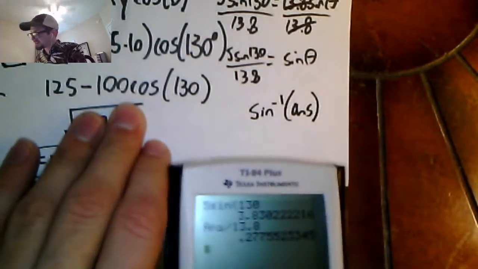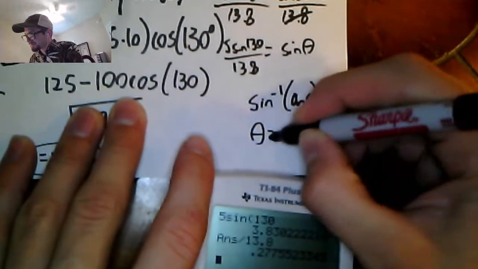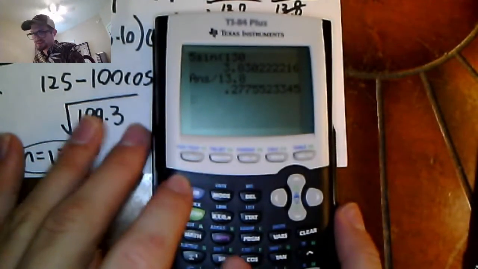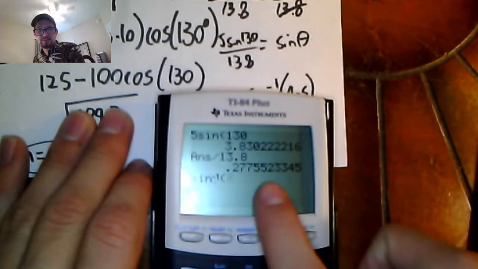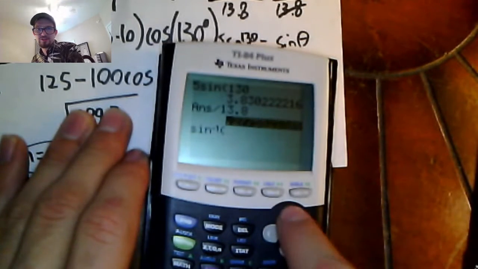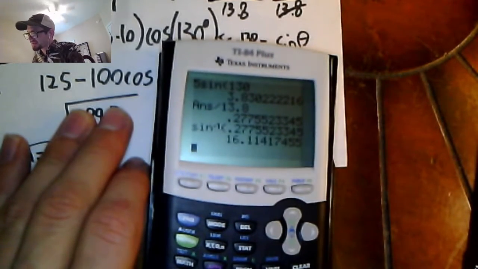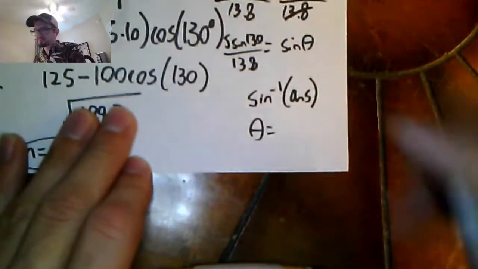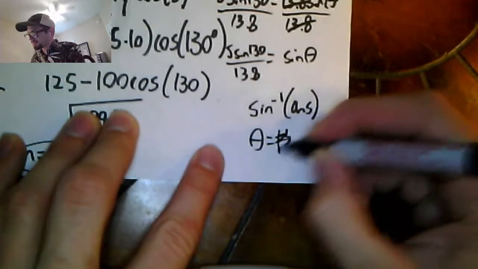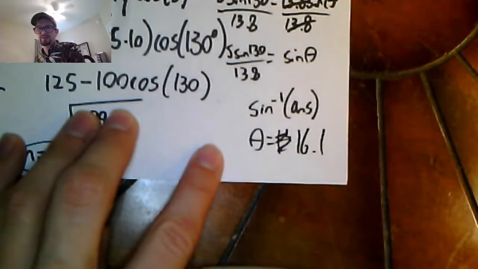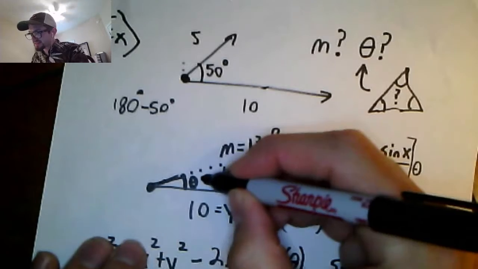To find my final angle, I take the inverse sine, which is second sine, of that number. On most of these calculators, you can just scroll up one and hit enter to copy and paste. You could also just type in 0.27. And I got 16.1. So this angle is 16.1.